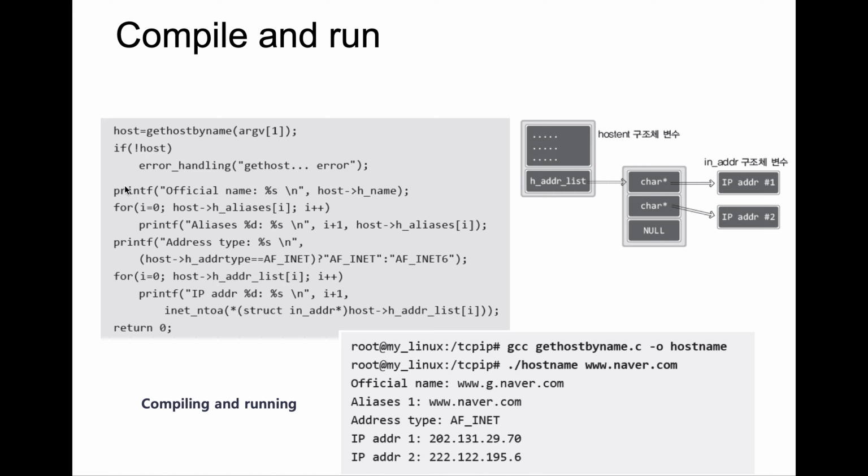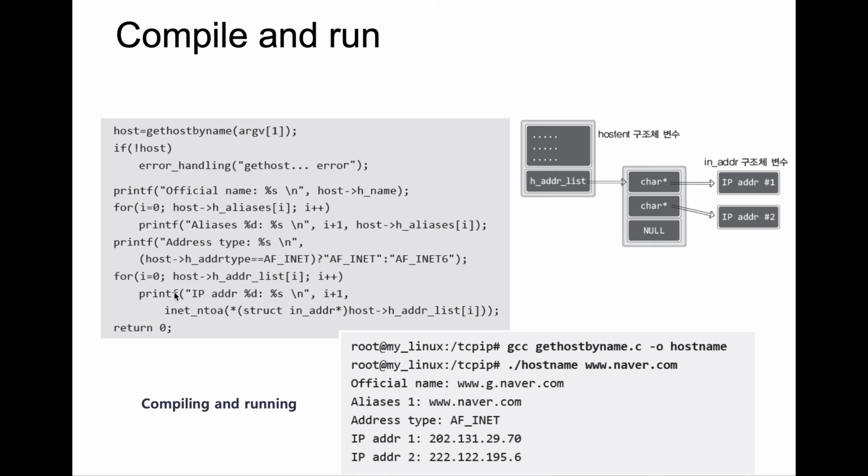Otherwise, if it's not an error, we are printing out the properties, which are first the official name of that domain name and the aliases, all possible alternative domain names to the official name. And then the address type, which can be just AF_INET or AF_INET6, IPv4 or IPv6, right?